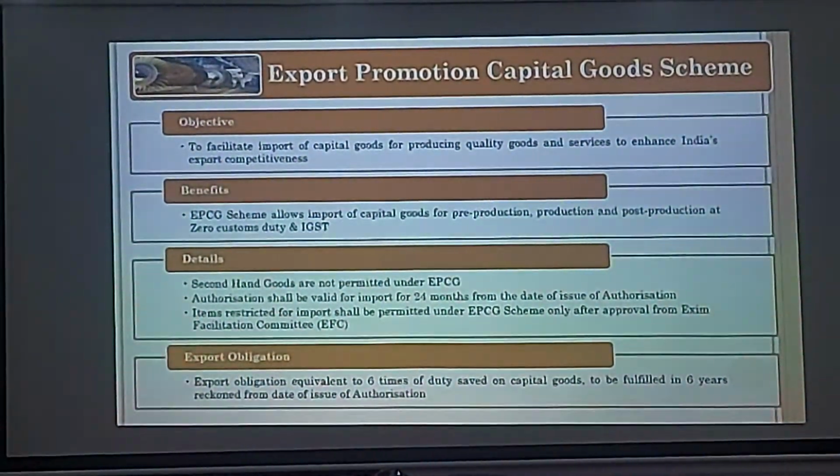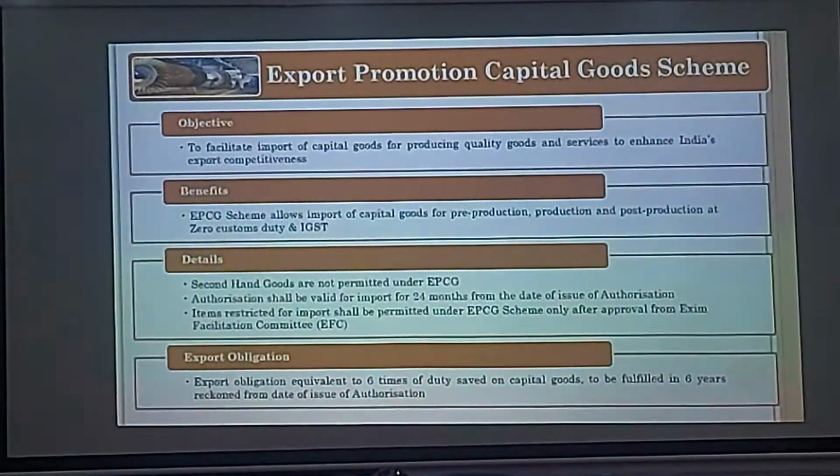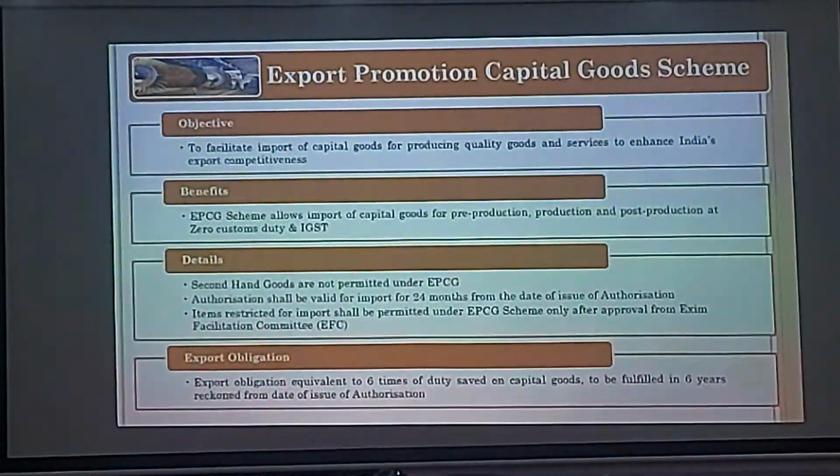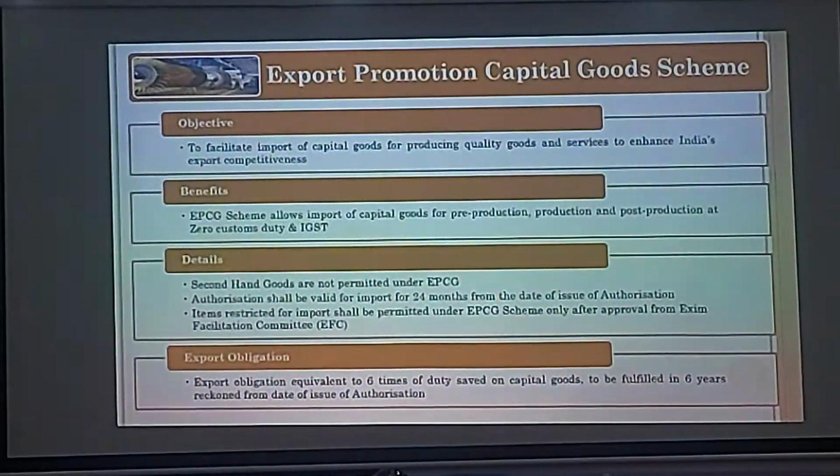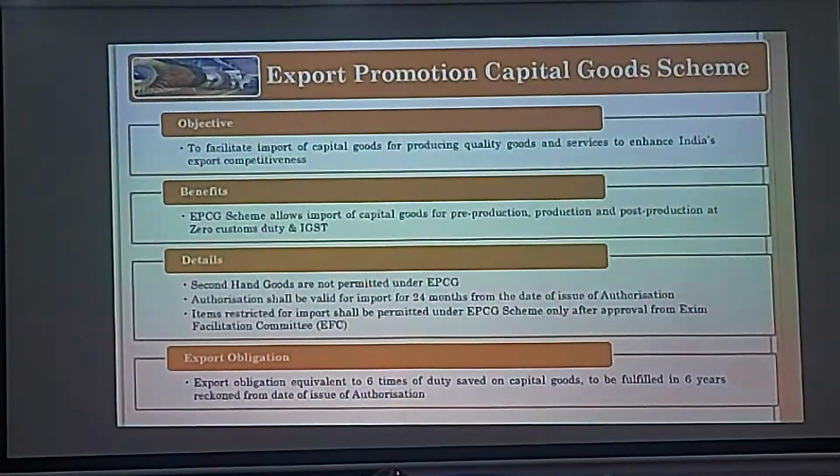So you said that the time period is 6 years. Exporting, the time period for importing the machine is 18 months. Suppose I want to develop my product and I import the machine from China, but my product needs some R&D.